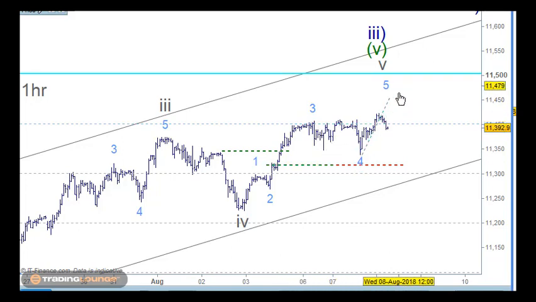And then we're looking up for wave 5. I just don't even know if we're going to get there unless I've done something wrong somewhere. It'd normally be pulled up to that number. So in here, I can count this as wave 1 and 2 here, and 3 here, and 4 here, and 5 here. So it could just have one more little move here and then fail from this point.